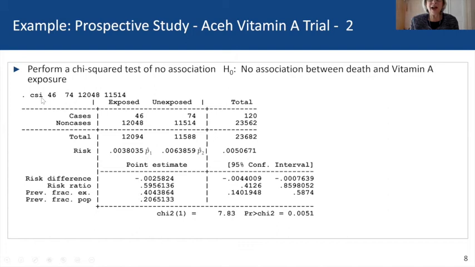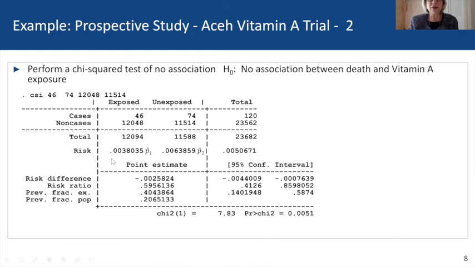So CSI stands for cohort study immediate. And we're inputting the actual totals of 46 deaths. This would be in the vitamin A group, and that's considered the exposed group. The unexposed group is the placebo group, in which there were 74 deaths out of the total.